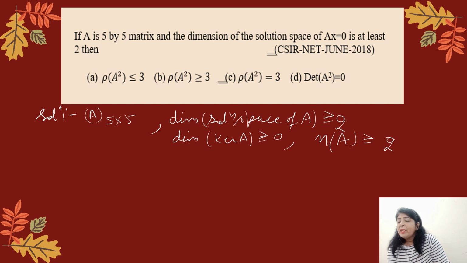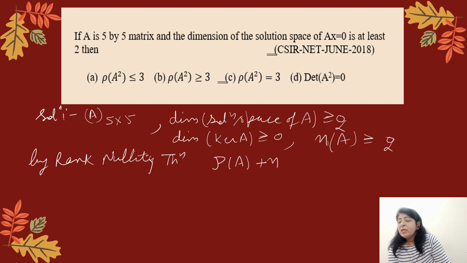By the rank nullity theorem, rank of A plus nullity of A is equal to 5. So nullity of A is greater than or equal to 2, so rank of A will be less than or equal to 3.